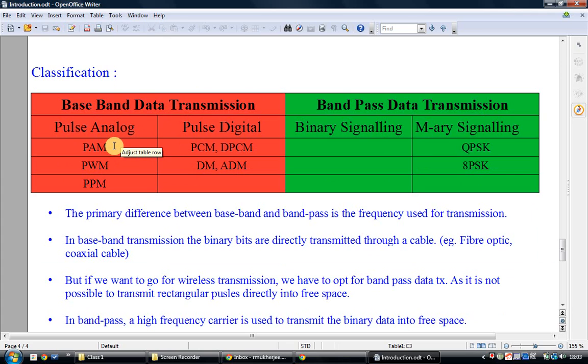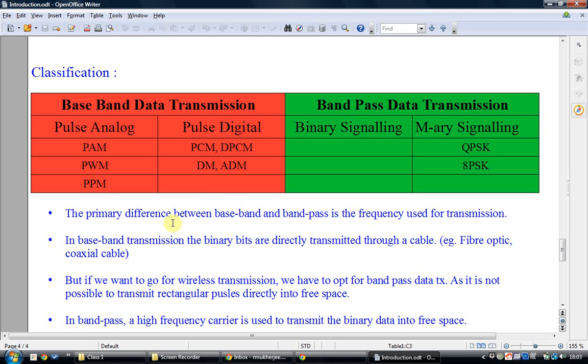The pulse analog contains pulse amplitude modulation, pulse width modulation, pulse position modulation. While the pulse digital, which we are going to see in this course, has pulse code modulation, differential pulse code modulation, delta modulation, adaptive delta modulation. On the other side, in bandpass data transmission, we have binary signaling and M-array signaling. For example, QPSK, 8PSK, etc.